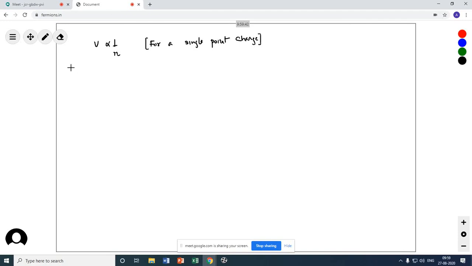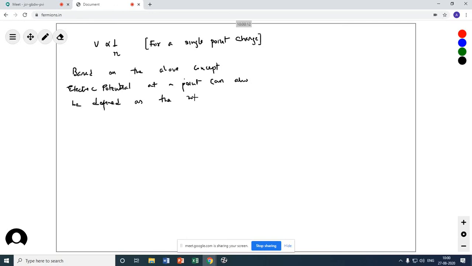For now, based on the above concept, electric potential at a point can also be defined as the work done to bring a unit charge from infinity to a point on the electric field.